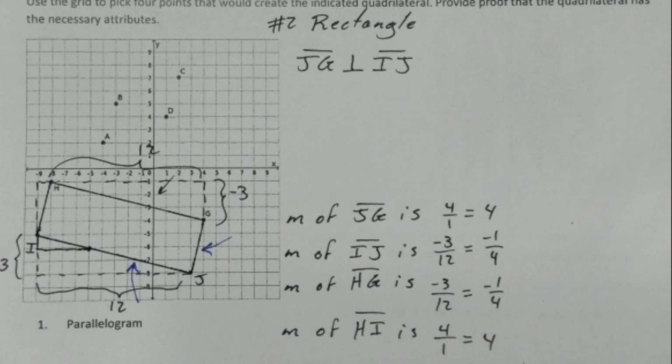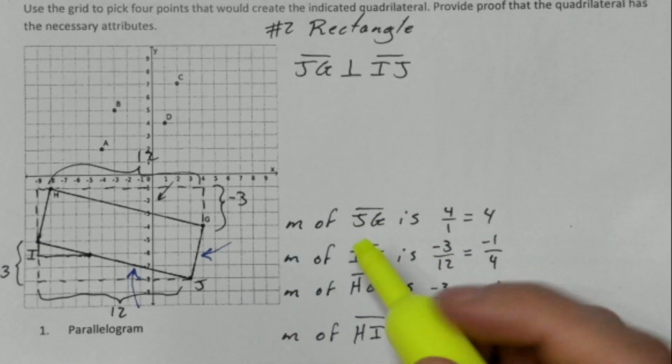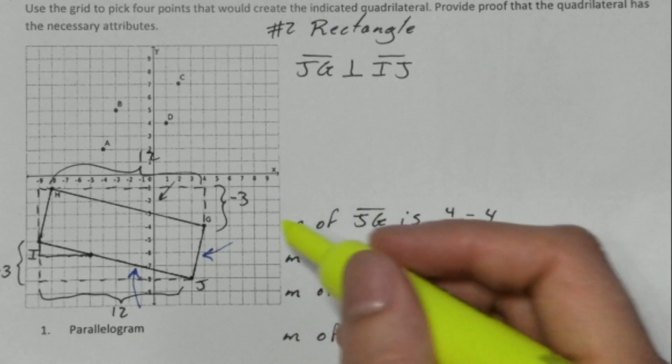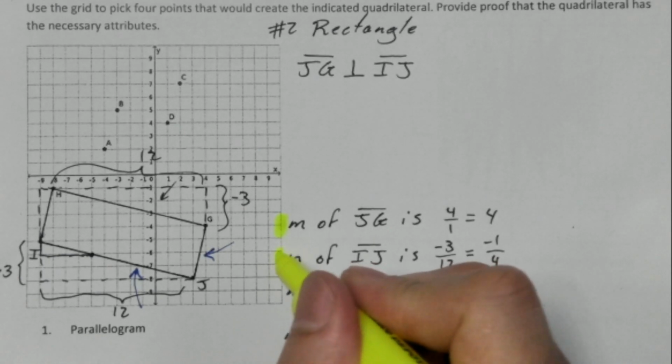Now that I have the list of all my slopes, let me get some colors. I can see that a few pairs of these are going to be perpendicular. If I take a look at JG, that'll be this one, and IJ, that will be the second one.